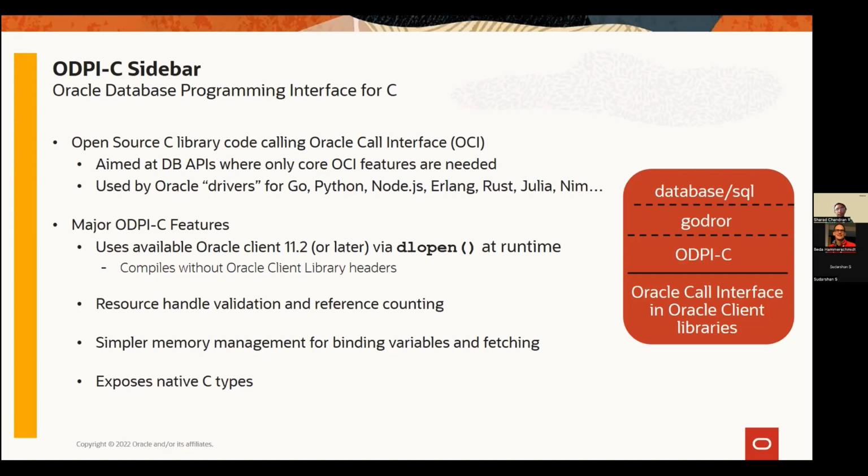Historically, many language APIs like Python and Node.js used direct Oracle Call Interface calls, but now we have added the ODPI-C layer to make it easier to call these OCI APIs. Some major ODPI features: it enables simpler memory management, provides resource handle validation and reference counting, and generally makes access to the native Oracle C APIs much easier to understand.